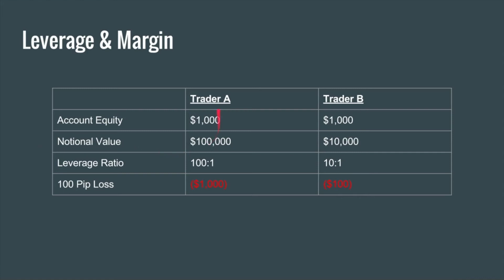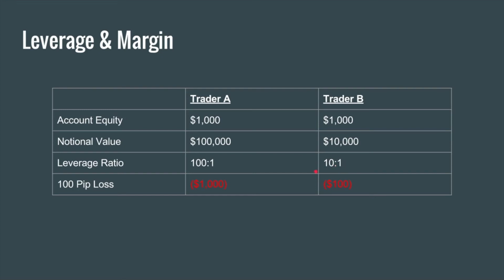We have trader A and trader B. Both traders have $1,000 of account equity, but the difference is trader A has a trade with a much greater notional value than trader B. Trader A has a $100,000 notional trade, while trader B is only $10,000. Therefore trader A's leverage ratio is 100 to 1, while trader B's leverage ratio is 10 to 1.